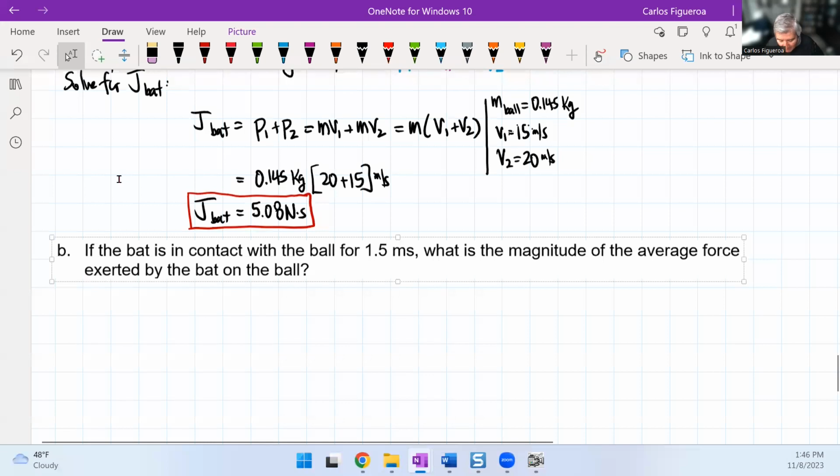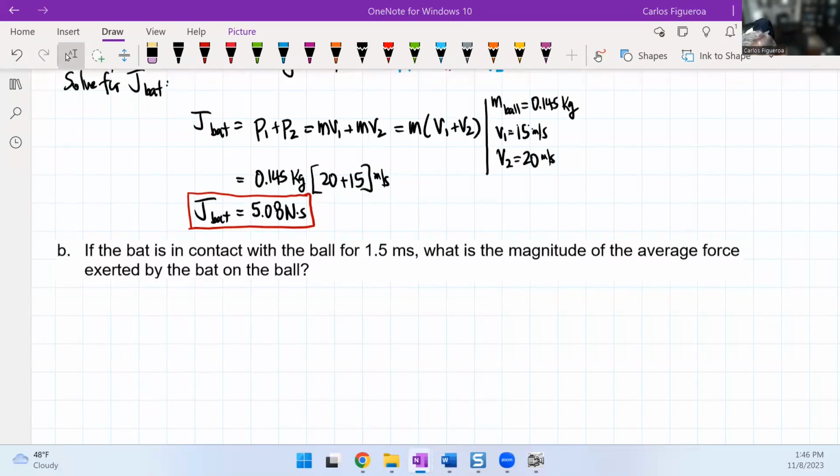If the bat is in contact with the ball for 1.5 milliseconds, what is the magnitude of the average force exerted by the bat on the ball? Now, that's important here because we're talking about average here.